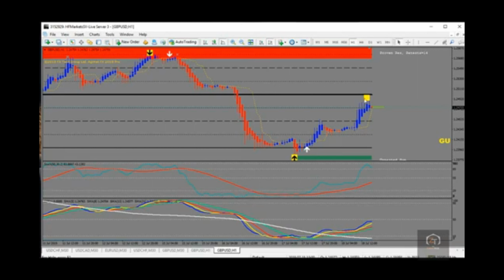You can have more confirmations. For example, the first alert you got is a crossover above 20 here, another crossover above 200. Now if you pick a trade with this complete confirmation, you can have some good profits and take your profit here.